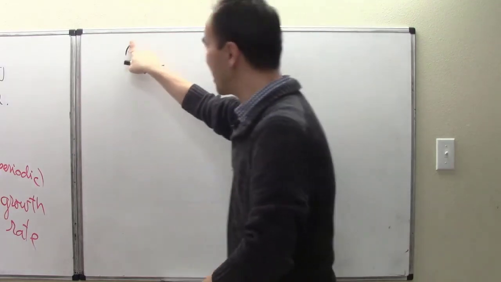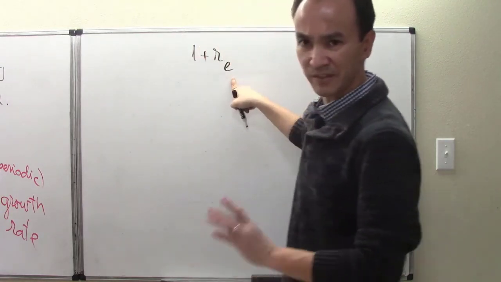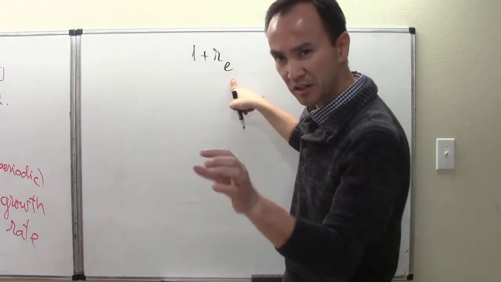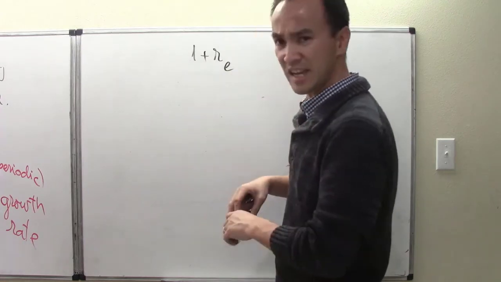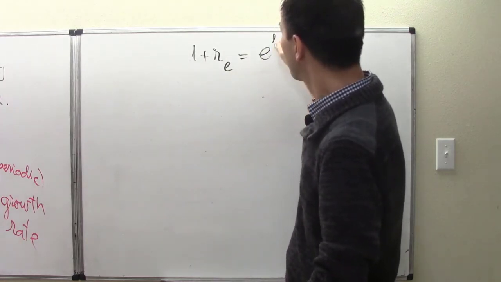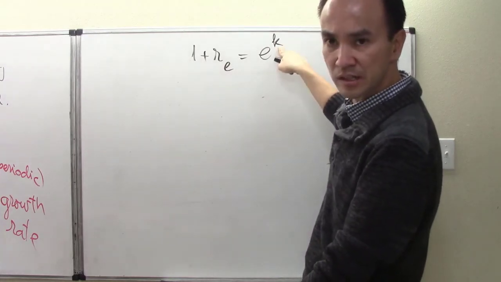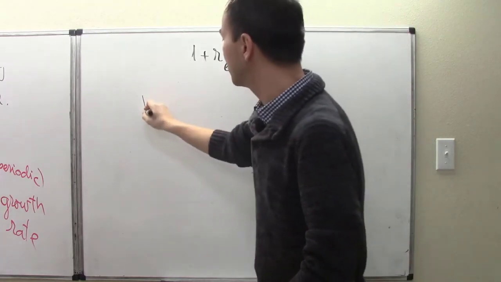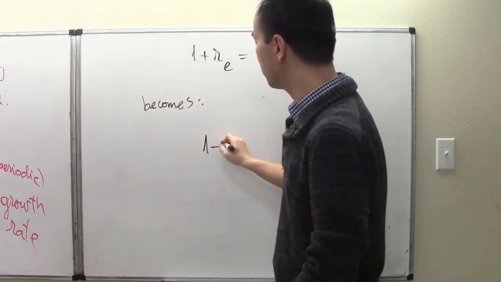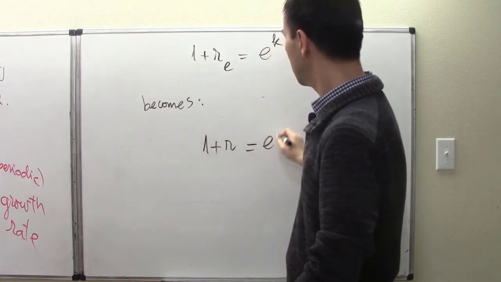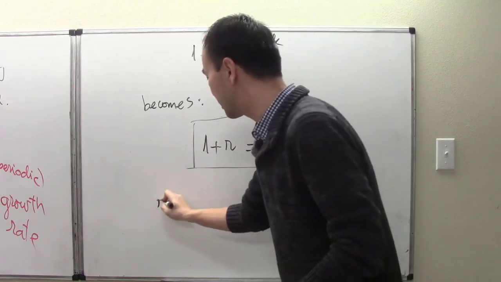In that way, we don't have to write R sub E anymore, because R sub E is the symbol used among financial experts indicating effective rate. We can use that same equation: effective rate plus 1 equals e to the k, e to the nominal rate. When we're working with natural processes, that equation becomes 1 plus r equals e to the k.